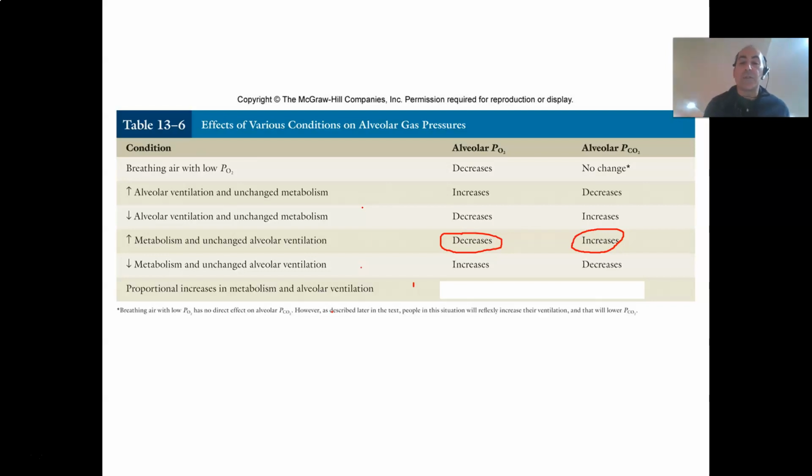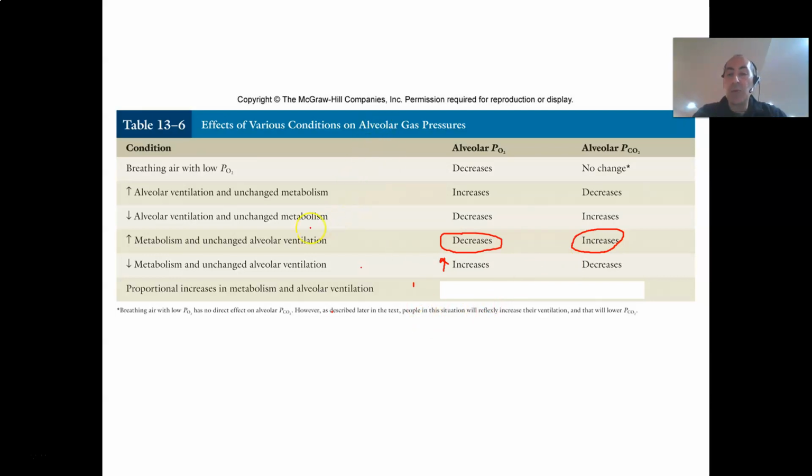And for the reverse reasons of the problem above, right? The metabolism slows down. You start to use less O2. Ventilation stays the same. You essentially have an increase in O2. You have a decrease in PCO2 because you're producing less waste.